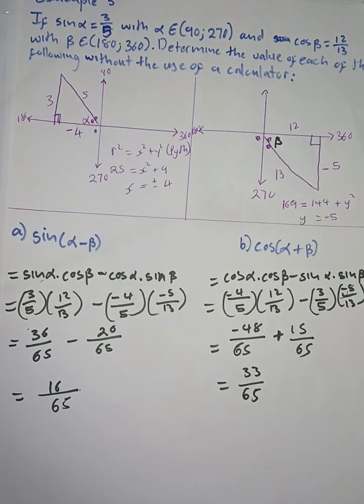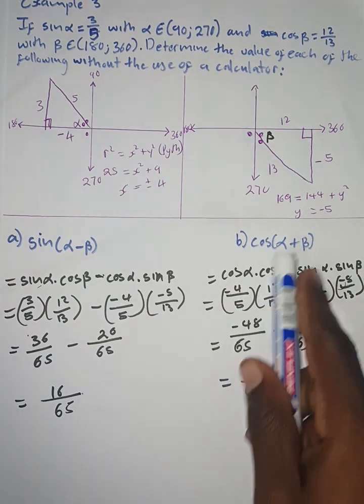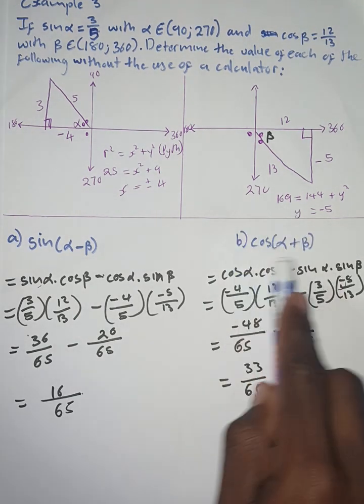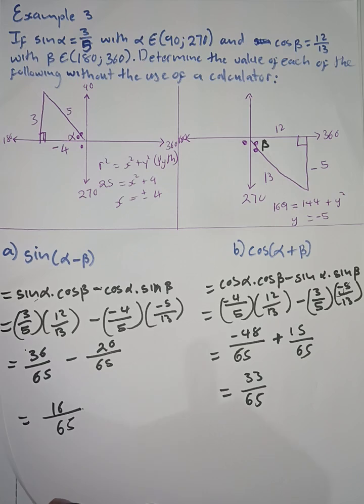So that would be the value that you get there. Of course, for cos of alpha plus beta, you first expand that, acknowledging that it's a compound angle identity for cos, and then you just carry on by putting in the values.